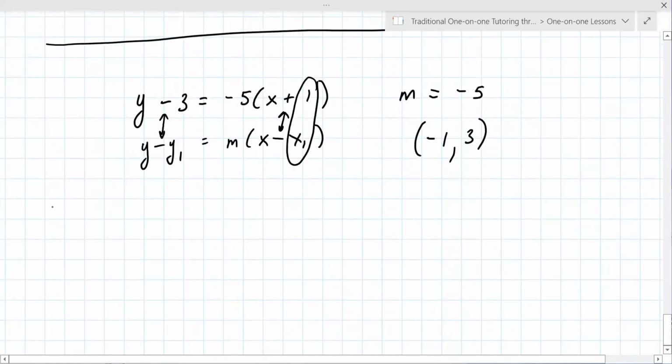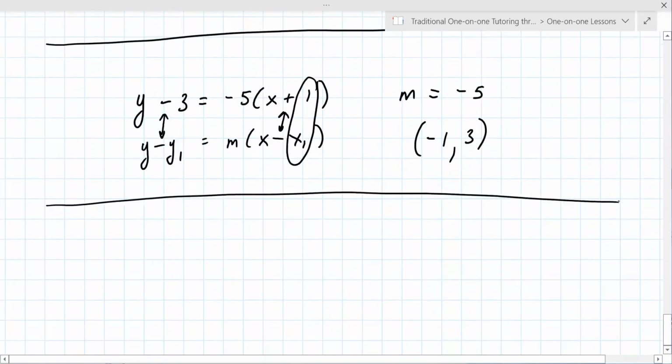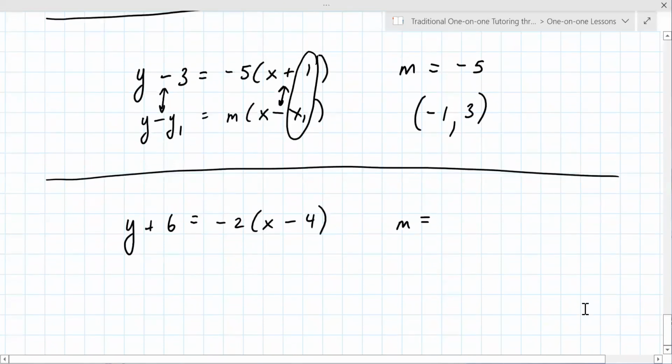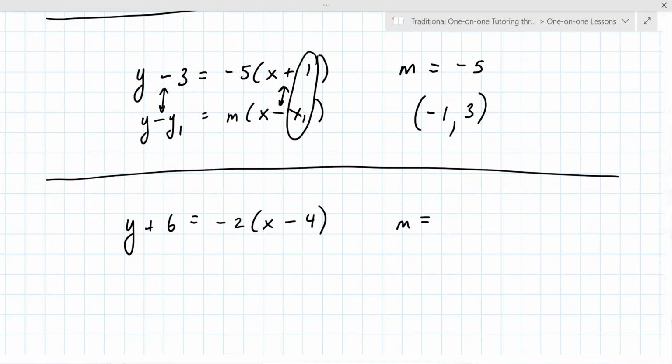All right, let's do another one here. Y plus 6 equals -2 x minus 4. What is the slope? The slope is -2.